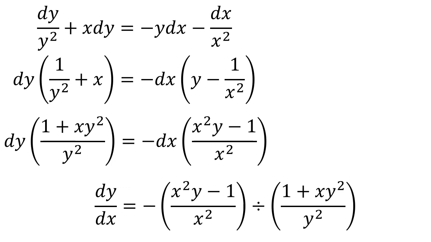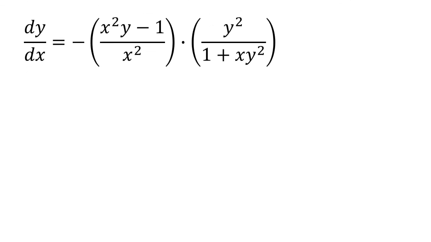Unfortunately, this is not yet our final answer. Since we have division here, this will become multiplication, and the divisor will be expressed in its reciprocal. So this will become dy over dx equals negative x squared y minus 1 all over x squared times y squared over 1 plus xy squared.